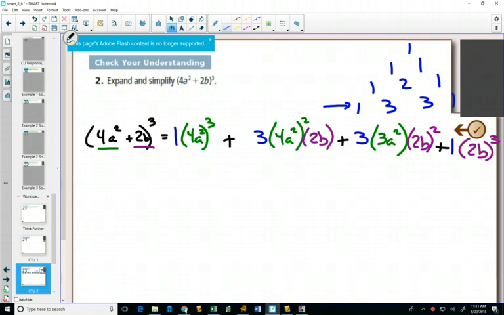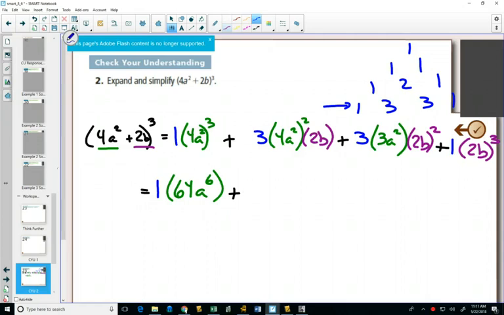To simplify this, I'm going to simplify it in 2 steps. We're going to simplify all of our exponent laws first, just like order of operations. So I'm going to keep the blue 1 here. I'm going to have 4a squared cubed. 4 cubed is 64. A squared cubed would be a to the 6.